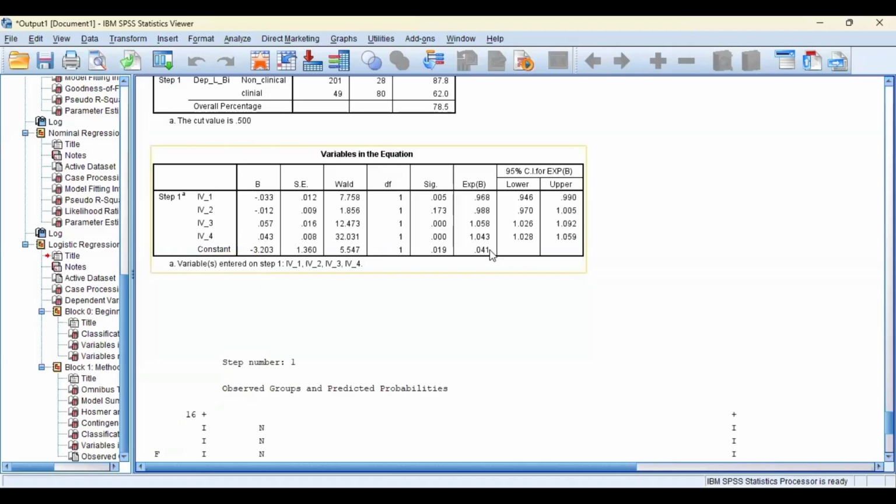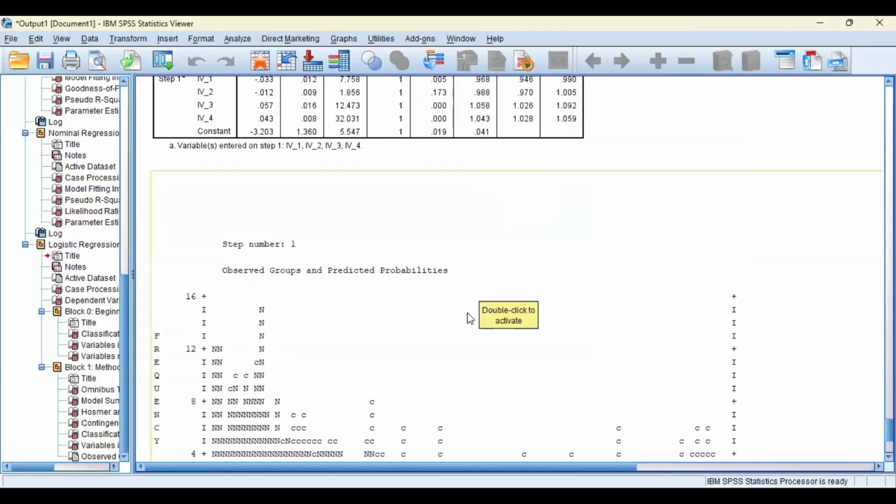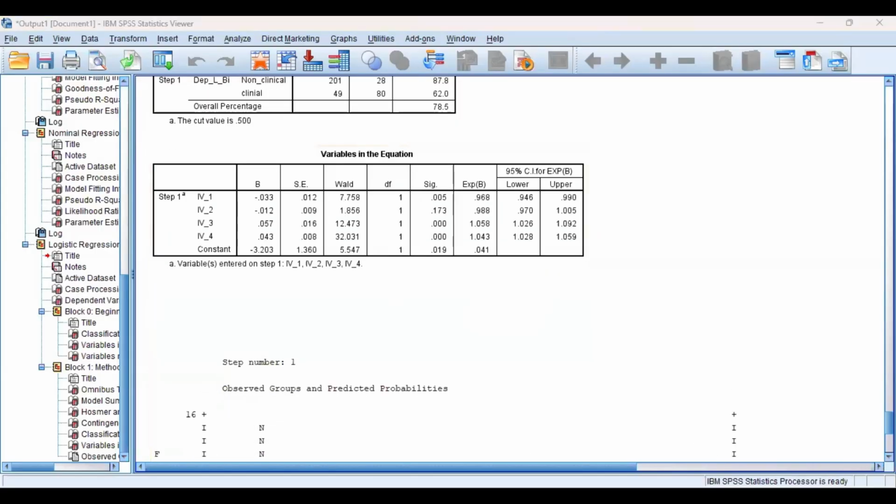So this is the way that you interpret your data. And if you want to be more precise, it's not necessarily something you can see in all the publications, but it is an optional step that if you want to present the change in odds ratios in percentages, there is an option for that.